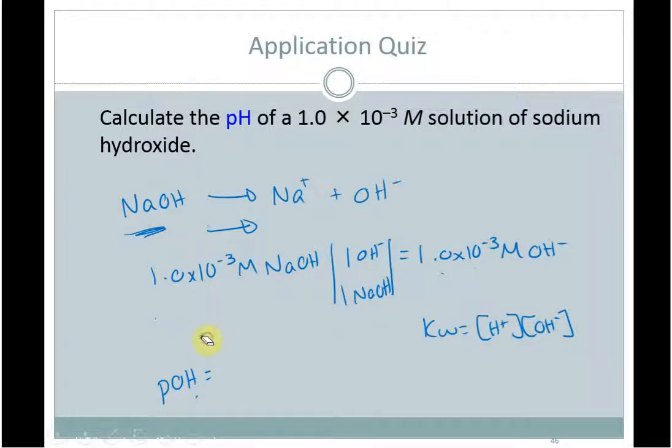I'm going to do it that way. So this is negative log of our hydroxide, which is 1 times 10 to the minus 3, which gives us a pOH of 3. 14 minus 3 gives us our pH, which is going to be 11.